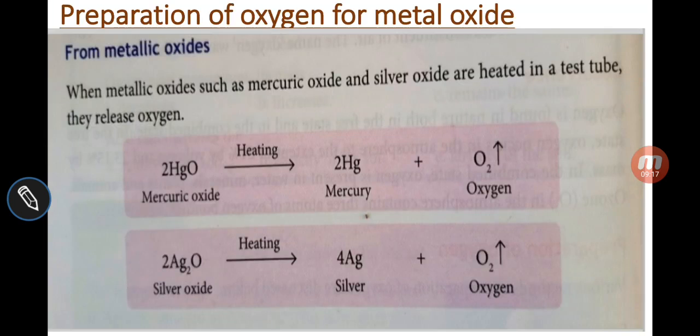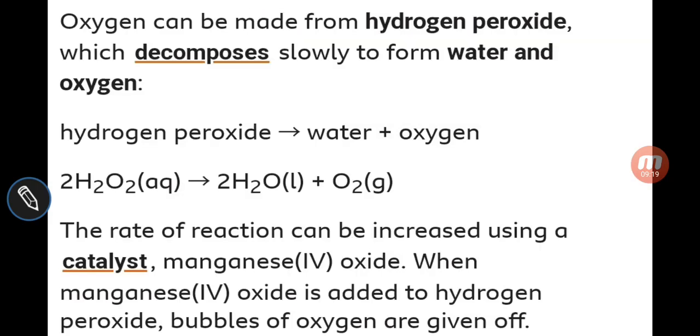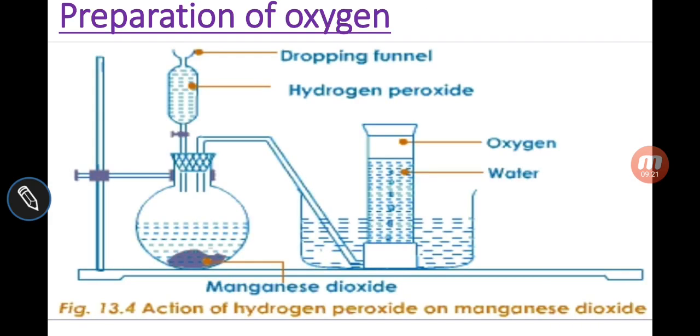So already we have discussed lots of methods in which we can prepare oxygen. First we talked about the preparation of oxygen by laboratory method, by decomposition of hydrogen peroxide in the presence of manganese dioxide as a catalyst.